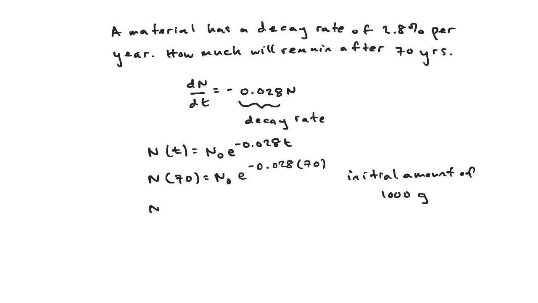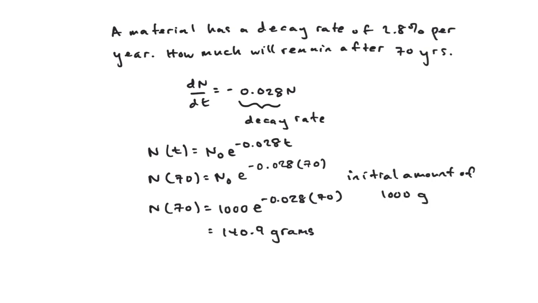Then N of 70 is equal to 1,000 e to the minus 0.028 times 70, which if I plug this into the calculator gives me 140.9 grams. So basically the process is exactly the same. What we're going to do in this case is just use a negative in our exponent, and that's going to indicate that we have an e raised to a negative power, which we know is going to be exponential decay.